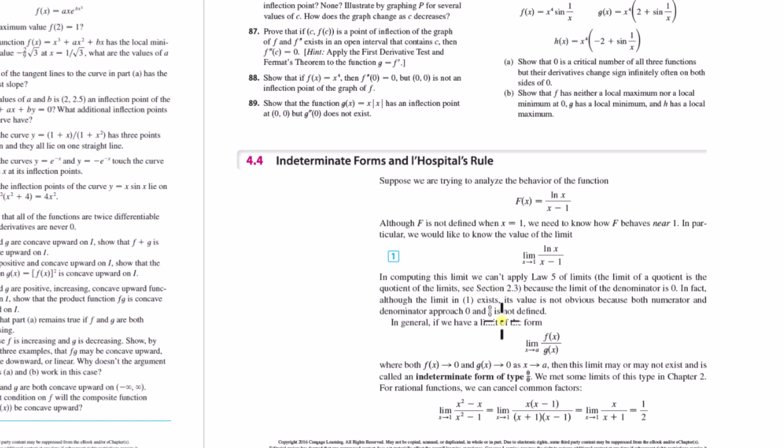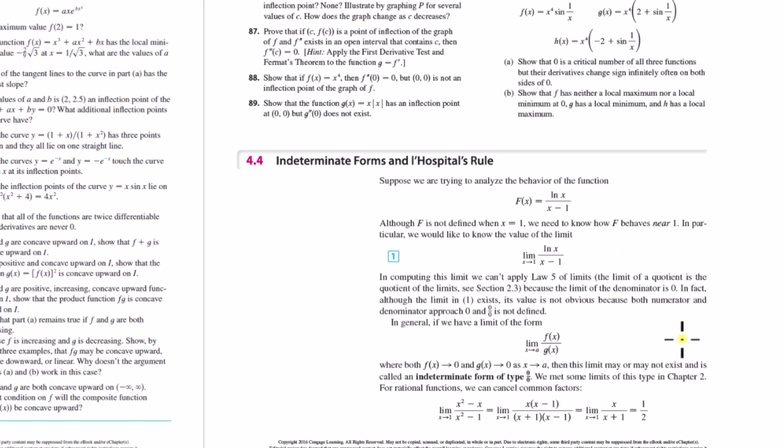If we had the limit as x approaches 1 of x minus 1 over x squared, plug in 1, you get 0 in the denominator, 1 in the numerator, 1 divided by 0, that's going to infinity. The answer here would be infinity. We've done a bunch of limits just like that. That would be a vertical asymptote. But we can't do that here.